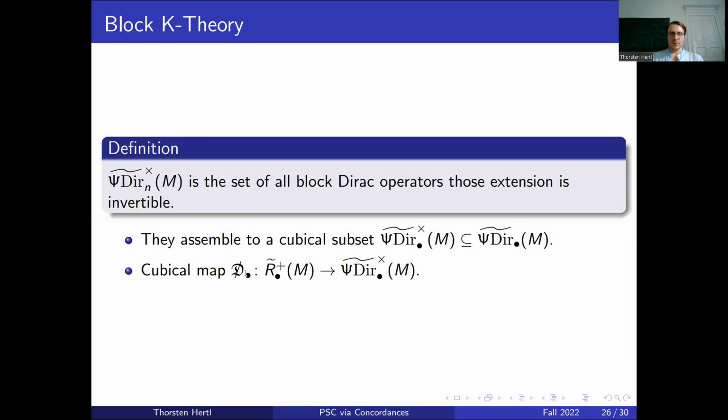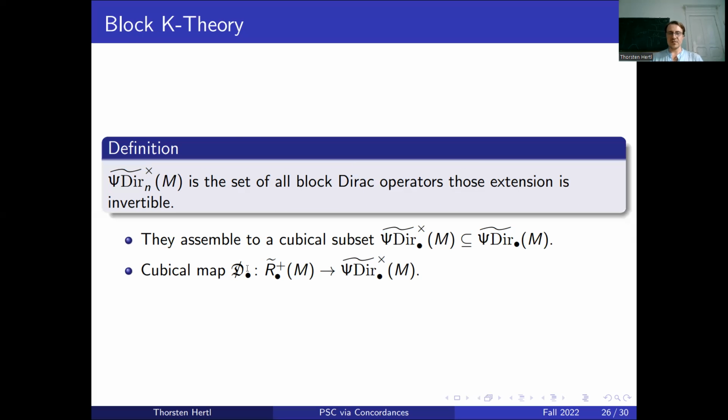And yeah, this is true, fortunately. And if we restrict the Dirac operator map to the cubical set of all PSC block metrics, then we'll actually land in the cubical set of all invertible Dirac operators.